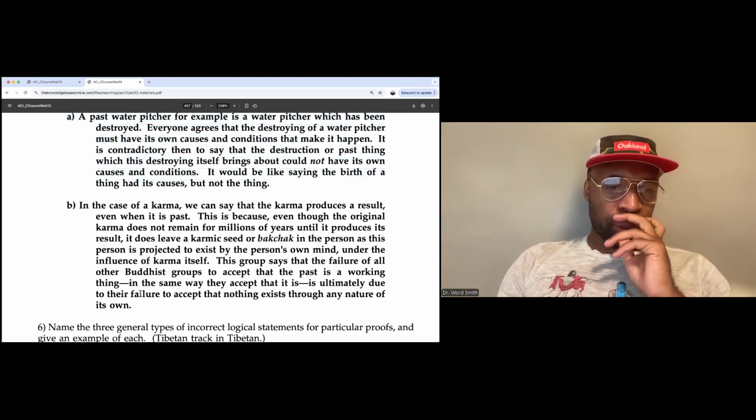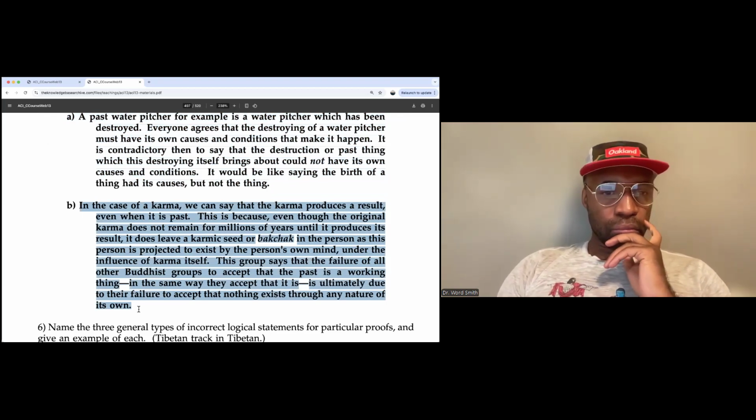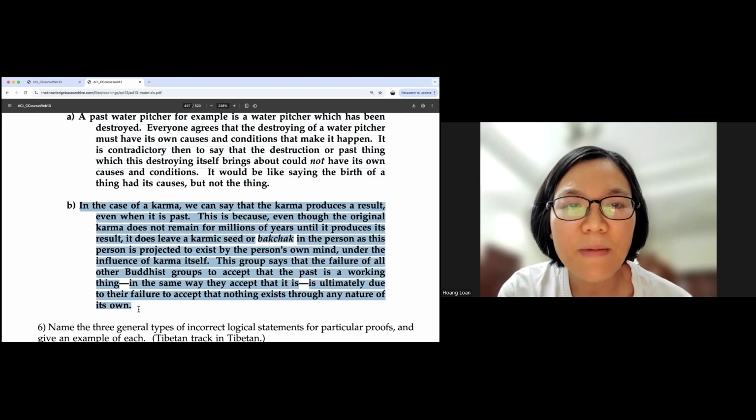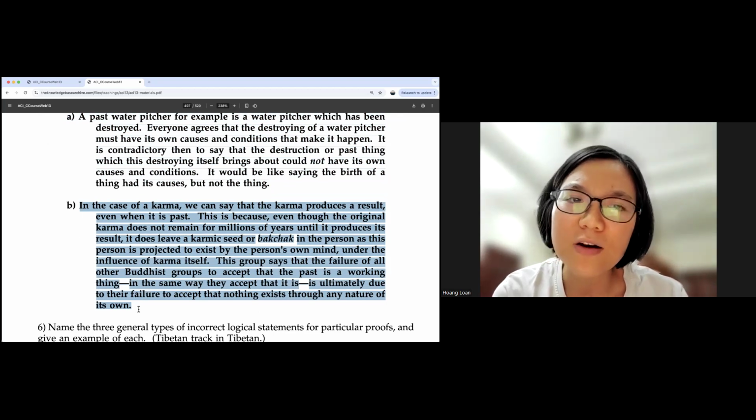That makes sense. Read this one. In the case of a karma, we can say that the karma produces a result, even when it is past.